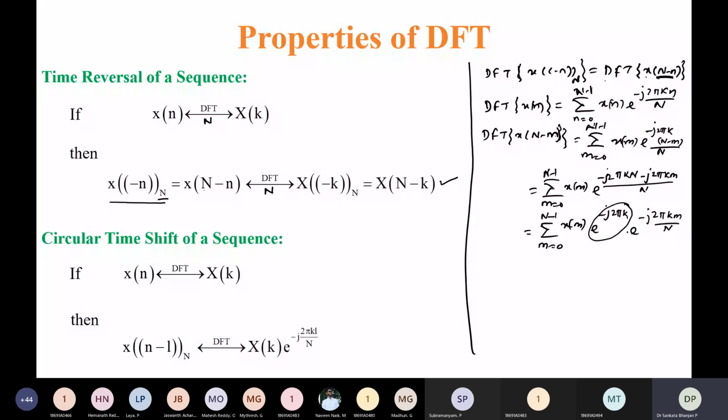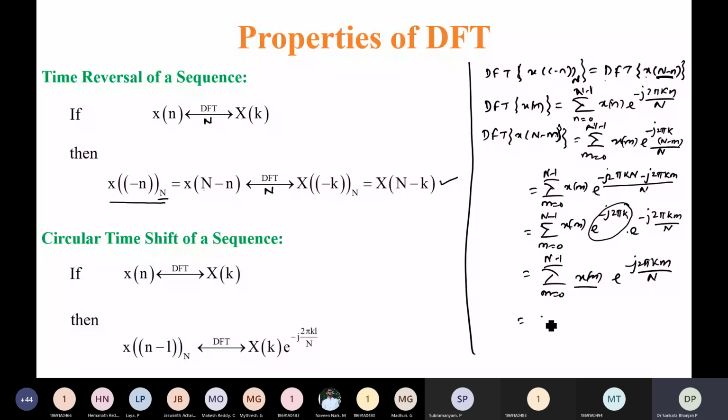So this summation, m is equal to 0 to n minus 1 x of m e to the power minus j 2 pi k m whole divided by capital N. So now what is this value? This is x of m.